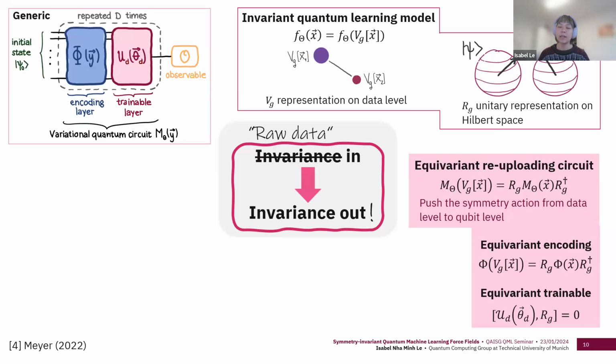And for the trainable layer, equivariance means that the order of applying the symmetry and these parameterized operations does not matter. So you can, in general, imagine this as pushing the symmetry action from the data level to the qubit level.